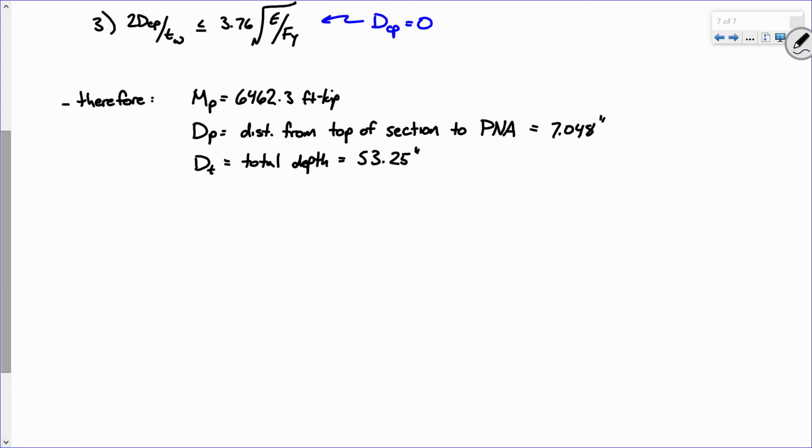First thing we need to calculate is dP over dt. Now that might not specifically follow what you're going to see, but I think it's a little easier to deal with, and that'll become clear here in a second. dP over dt is 7.048 over 53.25, and that comes out to be 0.132.